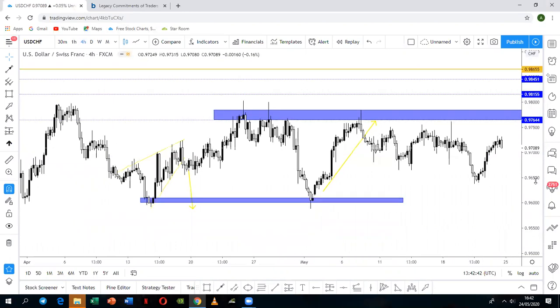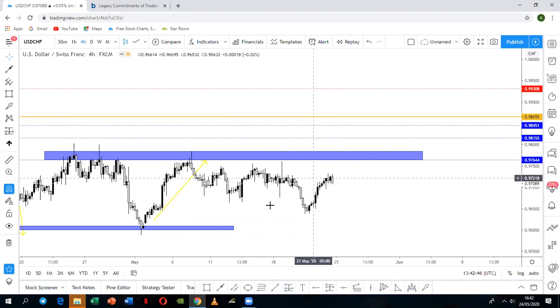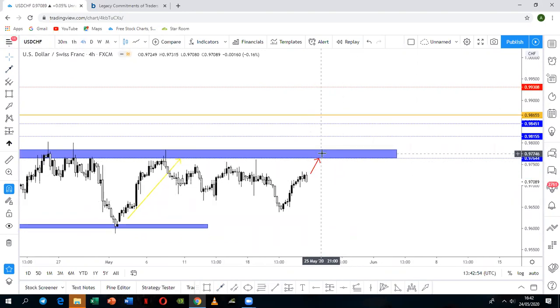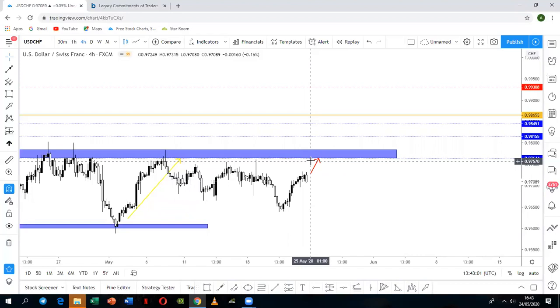This is the 4-hour. Price has to move and test this zone. If it rejects it, but if indeed the momentum comes with the right numbers, price will be able to break through.